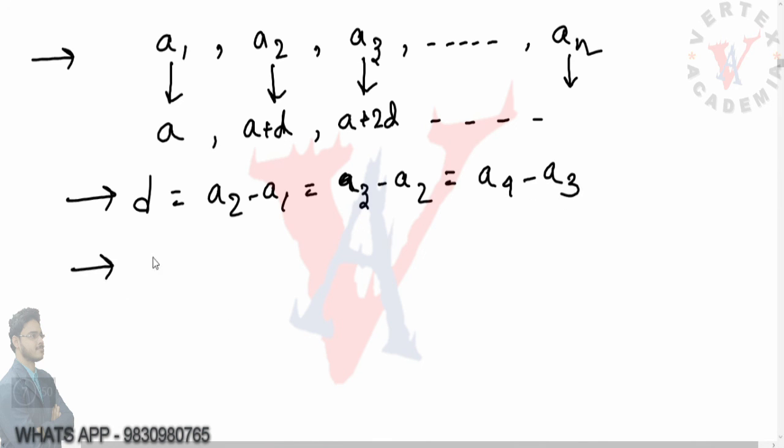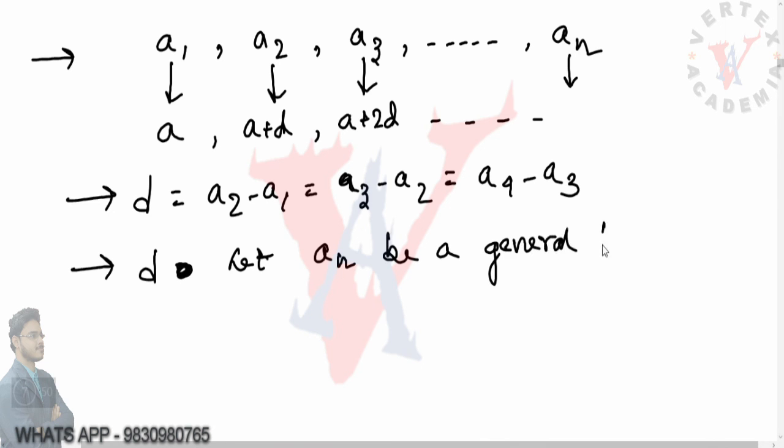So to write D generally, let AN be a general element of the AP. What I mean to say is AN is any one of A1, A2, A3. It can be anything, maybe AN is A6.